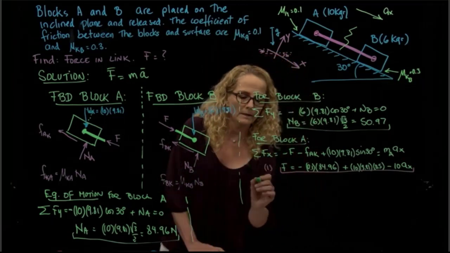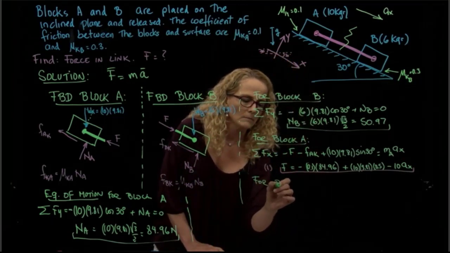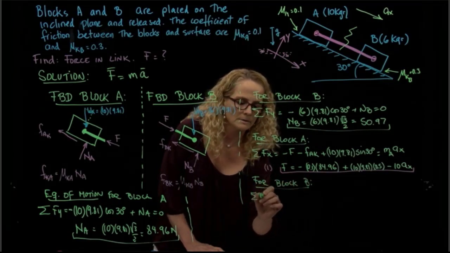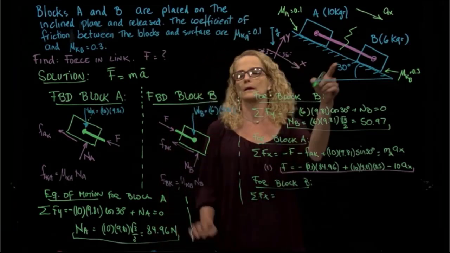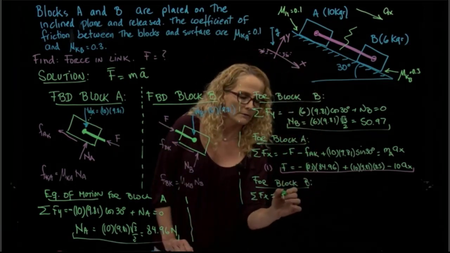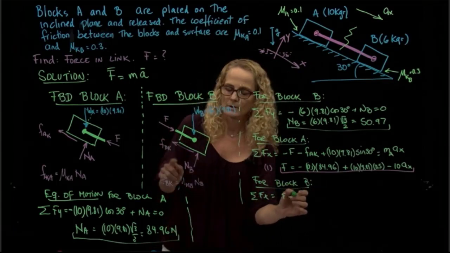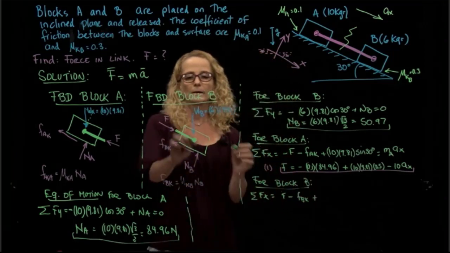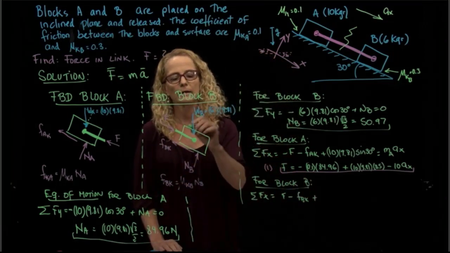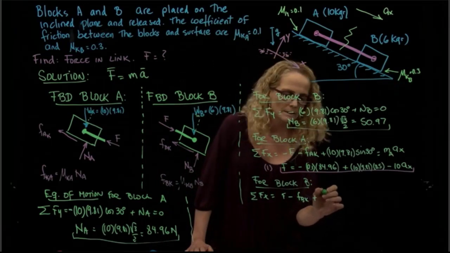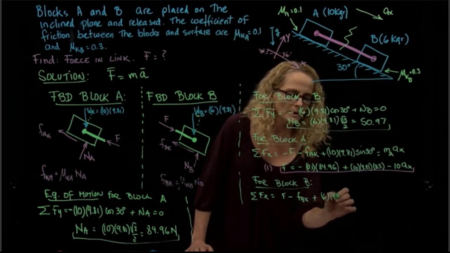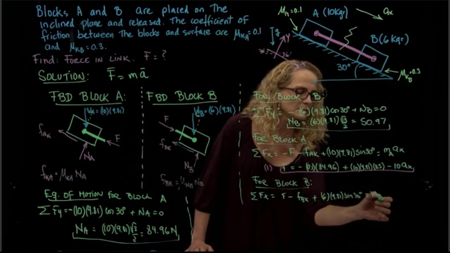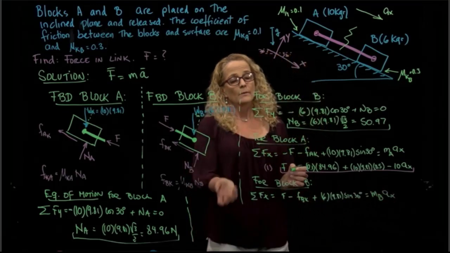And then for block B, I add forces in X, and I will have positive F minus FBK plus the component of the weight in X direction, which will be 6 times 9.81 sine of 30. And that will be equal to mass B AX. So that will be my second equation.